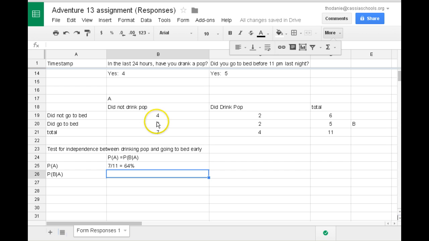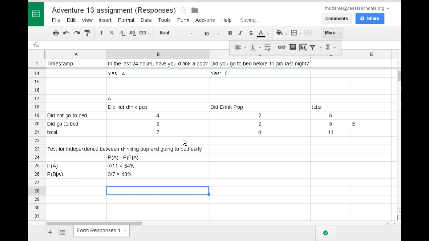This is going to be 3 over 7. Something tells me that's 43% or something like that. 3 divided by 7 is approximately 43%.